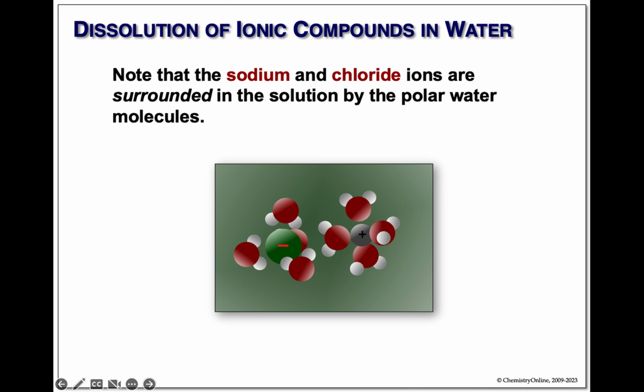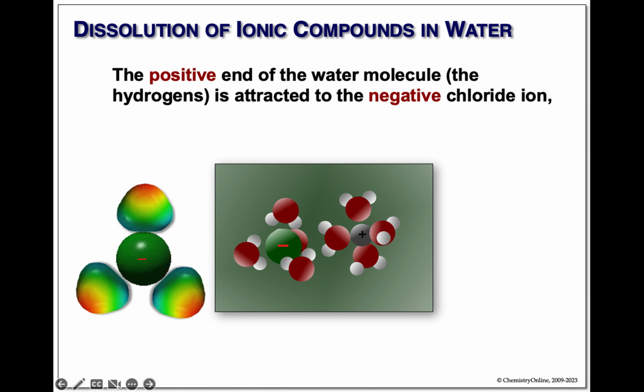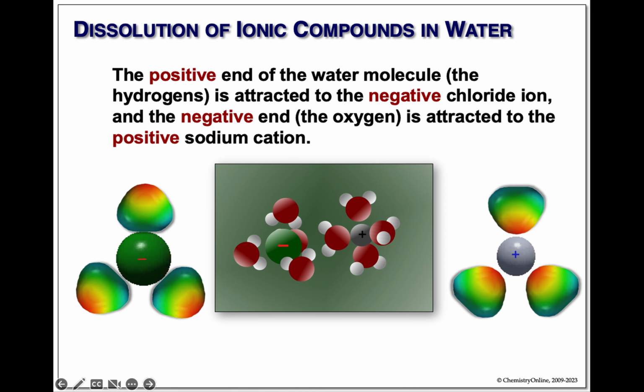Something like this. There's our negative charge. All of our positive ends are pointed inward. For our cation, just the opposite. The negative ends of the water molecules are pointing towards the positive charge.